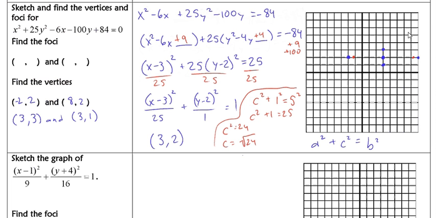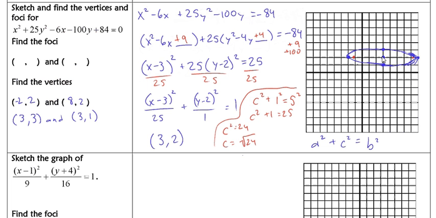Now we can finish the sketch of our graph. Not a very good sketch, I'm sorry. Something like that. This needs to go out all the way to that vertex. There we go. So not the world's best sketch, but hopefully you get the idea. So where specifically are those foci?